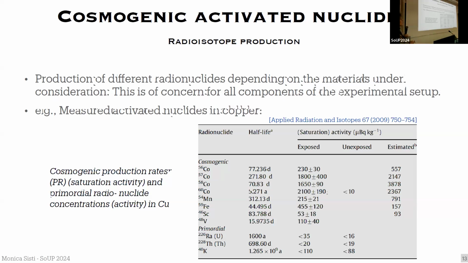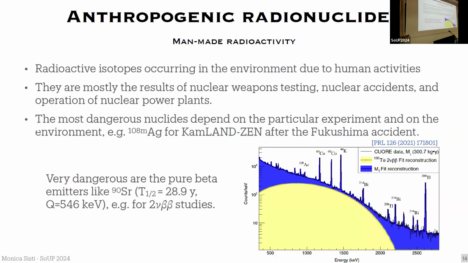Some will decay because of half-lives of days. If you wait a few years, they may go away. But cobalt-60, for example, is a problem for experiments. For example, for CUORE, it is a problem. This is a spectrum from CUORE. You see here the two gamma rays of cobalt.